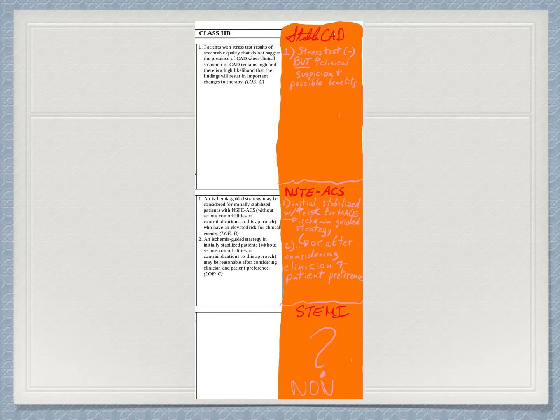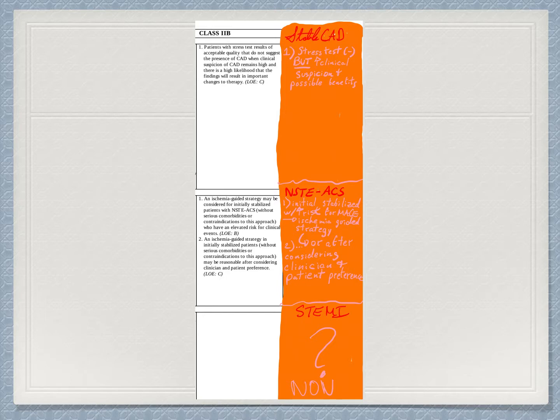What about in acute coronary syndrome manifested by NSTEMI or unstable angina? 1. If you initially stabilize the patient with high risk for MACE, you may consider an ischemia guided strategy. What is this? For example, in this initially stabilized patient, you do an echo stress test, and if you see that there is inducible ischemia, you may consider taking this patient to the cath lab.